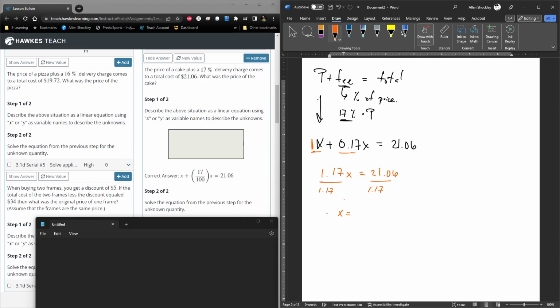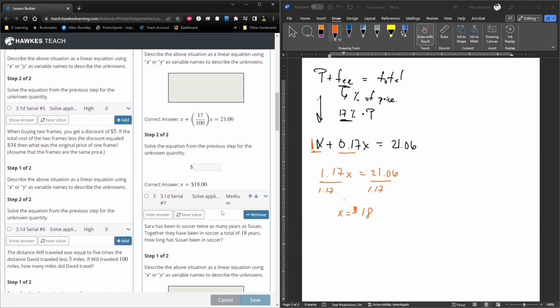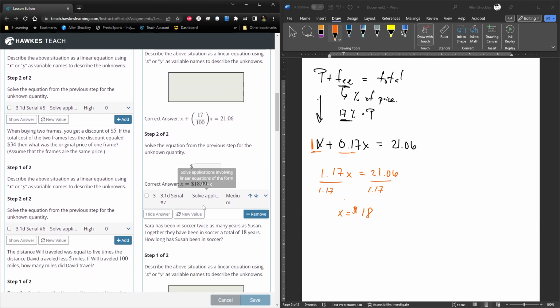And x will equal whatever that is, 21.06 divided by 1.17 will get us 18. Which, if we look, we get 18. Okay.